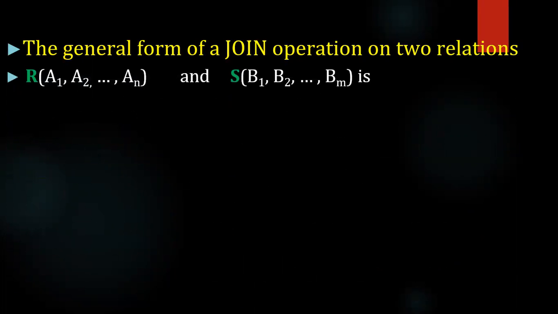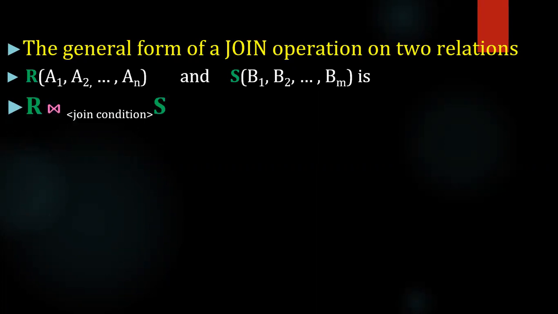Now the general form of join operation on two relations can be defined like this. Assume that I have two relations, relation R and S. Relation R contains attributes A1, A2, up to An, and relation S has B1, B2, up to Bm.